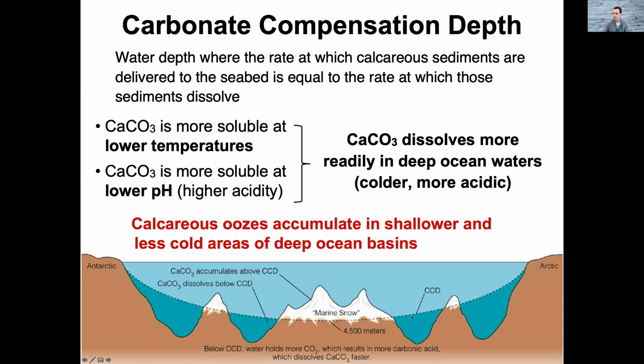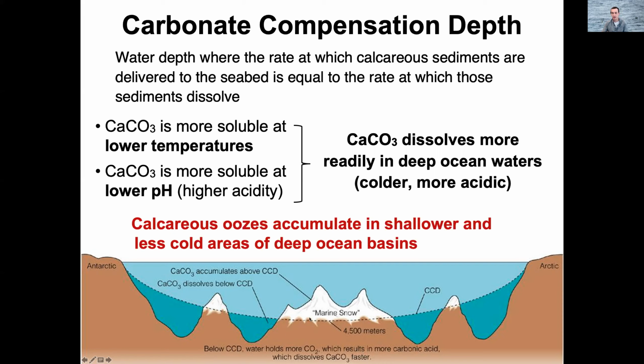And the reason there is this depth is because the solubility of calcium carbonate varies in the ocean. So at deeper depths that are colder and have lower pH, you can dissolve more calcium carbonate. This depth horizon is relatively fixed in the current ocean. It's at about 4,500 meters, although it shoals in the Arctic and Antarctic at the poles because you have colder, more acidic water coming up closer to the surface.